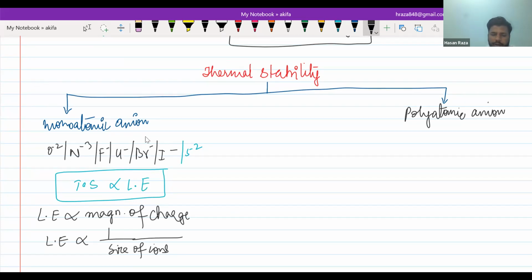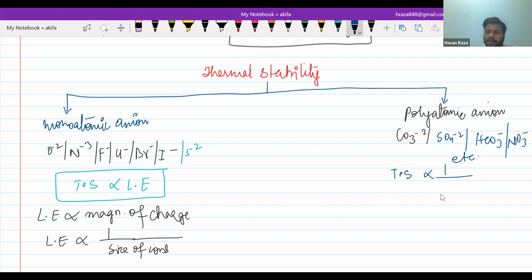Now for a polyatomic anion like CO3 minus 2, SO4 minus 2, as well as HCO3 minus, you can easily recognize it, right? Then you have to check the polarization, and thermal stability is inversely proportional to polarization.